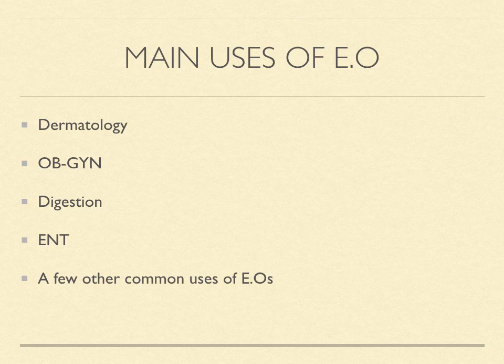The more commonly used ones are, of course, the use of essential oil in dermatology, in gynecological concerns, for digestive issues, for ear, nose, and throat health, which I'll refer to as ENT, of course. And then we will just very briefly touch on a few other common uses of essential oils.